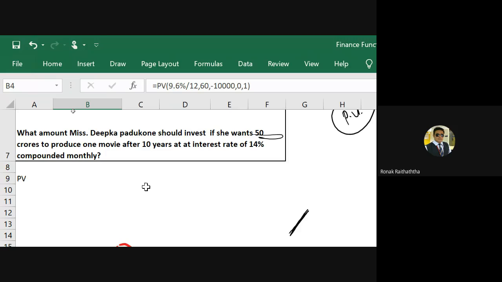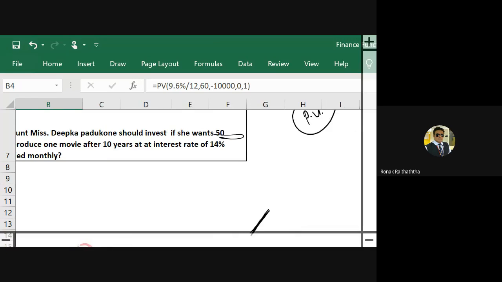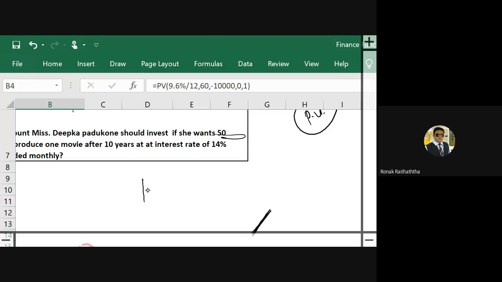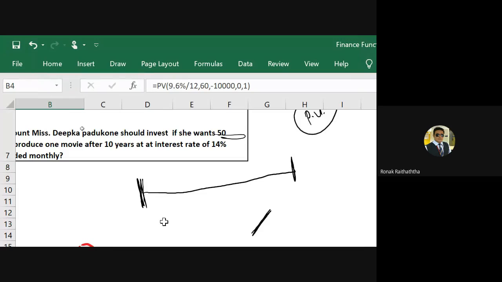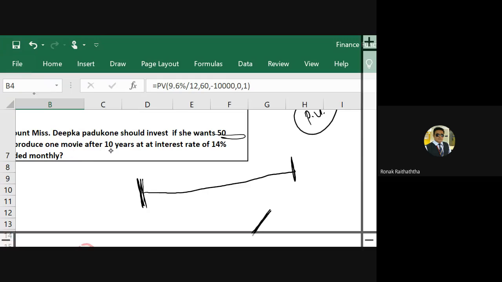Now, please try to understand the timeline. The timeline is looking like this. As per the question, Ms. Deepika Padukone wants 50 crores of rupees, but after 10 years.